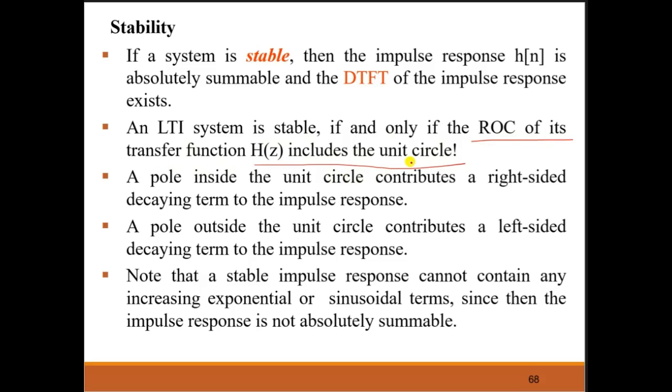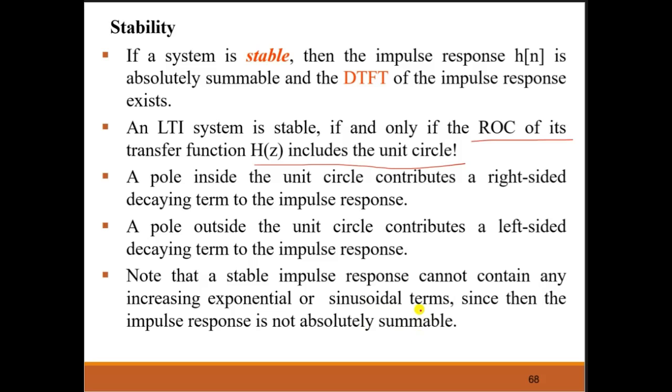Macam saya cakap tadi, you must include the unit circle. So a pole inside the unit circle contributes to a right-sided decaying system. A pole outside the unit circle contributes to a left-sided decaying system.